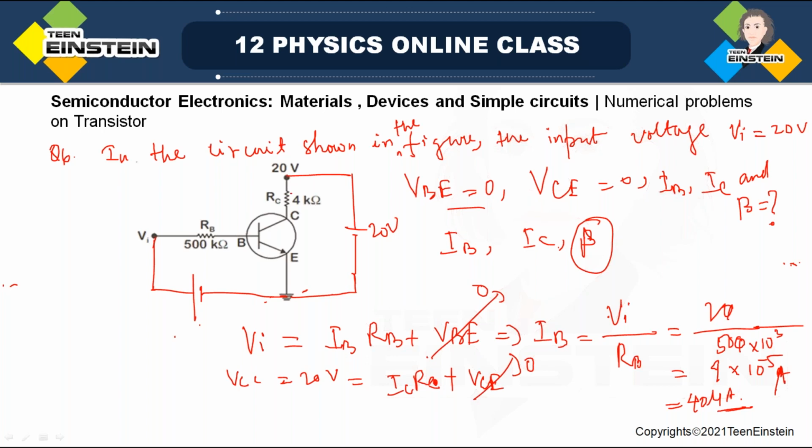Then from here it is very easy to find out RC, that is, VCC, the input voltage in the collector circuit, divided by RC.